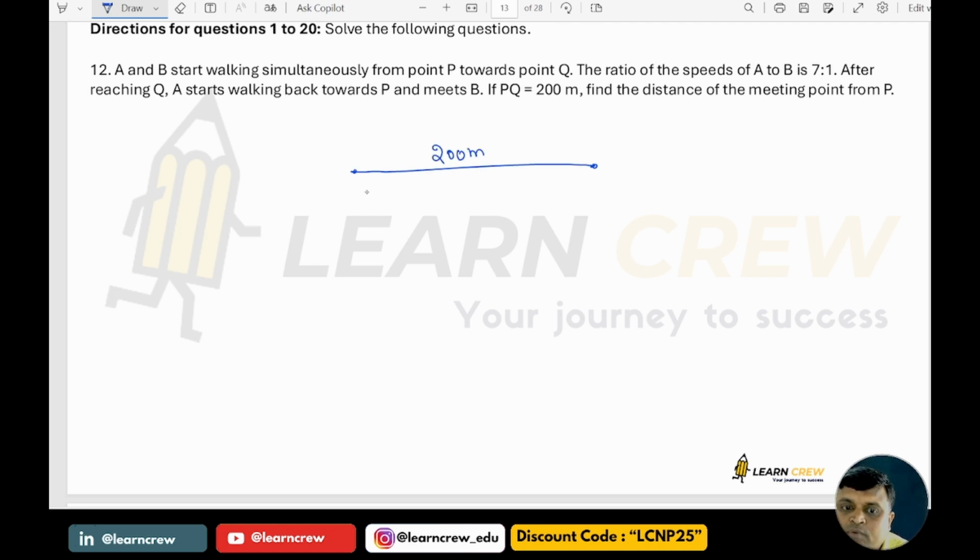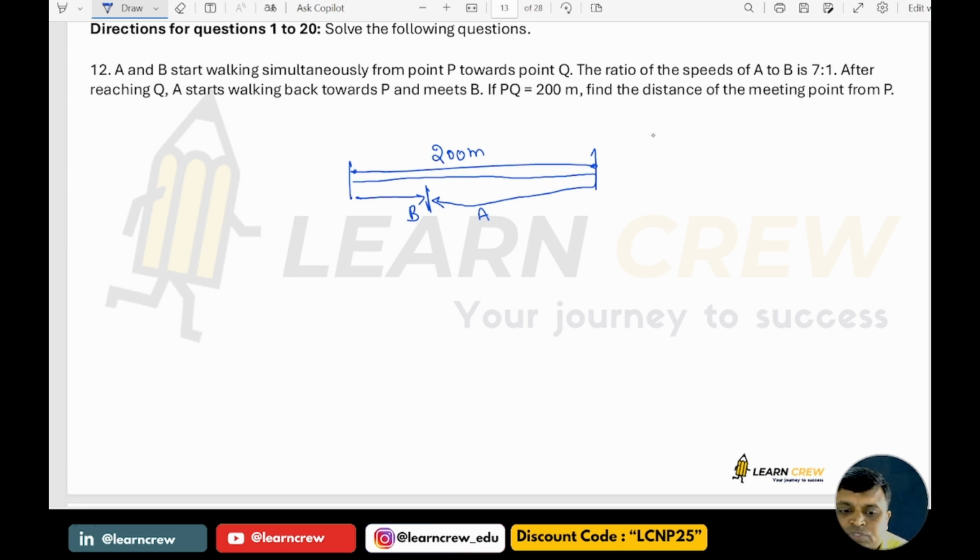So what is happening here? A is going from this place to this place, and then meeting B here. So this is the meeting place. This total is the distance covered by A. This is the distance covered by B.